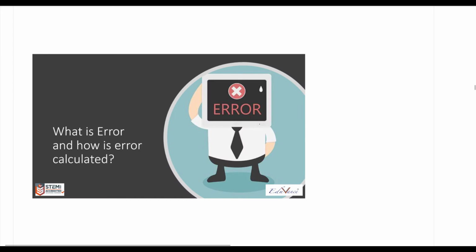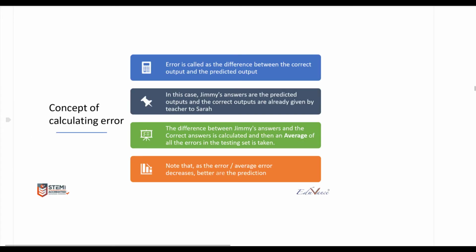Let's continue. So let us go ahead and see how the error is calculated. The error is the difference between the correct output and the predicted output. Again, predicted also means estimated. Now in our case, Jimmy's answers are the predicted output, and the correct output Sarah already knew, as we saw on the previous table.